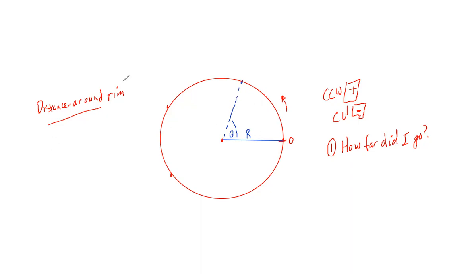So if I want to talk about, in fact, not just distance, but let's just talk about position. If we consider position around the rim, a very convenient way of talking about that is by angle. Okay, and so I might say that given enough time, I might be a certain angle around the rim. I would call this my angular position.